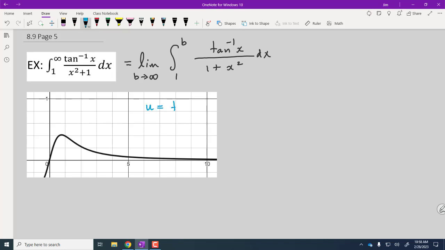If we let u be arctangent, then du will be 1 over 1 plus x squared dx. And this all turns into a u du. So this will be limit. Arctangent is u. Dx over 1 plus x squared is du.